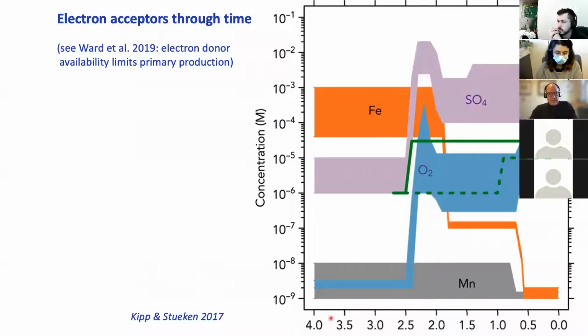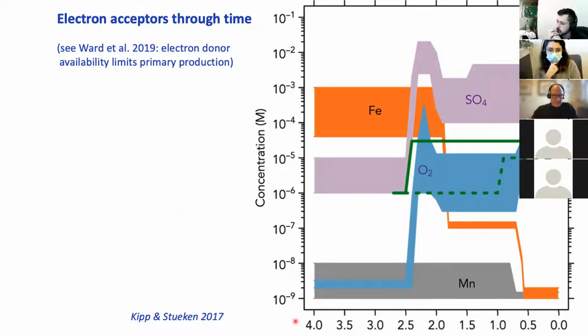So if you then look at the work by Stücken, who has thought a lot about how these ecosystems would work, in order to understand how a microbial ecosystem works, you need to know what are the electron donors and what are the electron acceptors, because microbes work through little redox reactions. And so the electron acceptors, basically what we respire with, there are different possibilities.